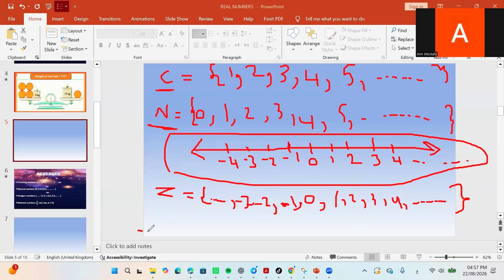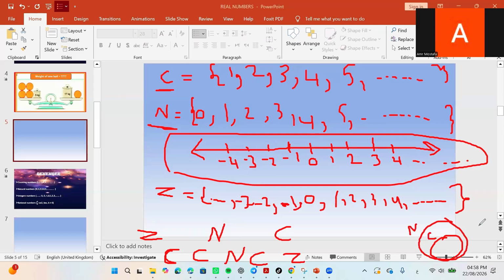So Z is the biggest one until now, and N and C are smaller than the other sets. So C is a subset of N and N is a subset of Z. When we want to represent all these sets, we represent them by a Venn diagram: C inside N and all of these inside Z.